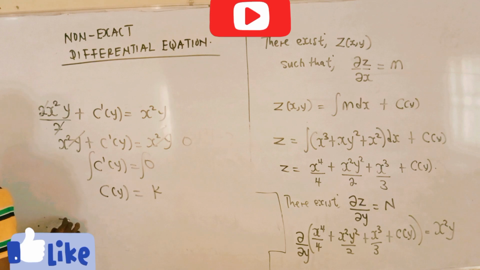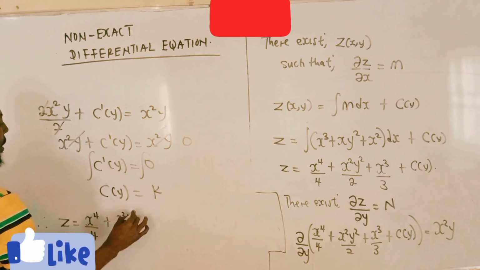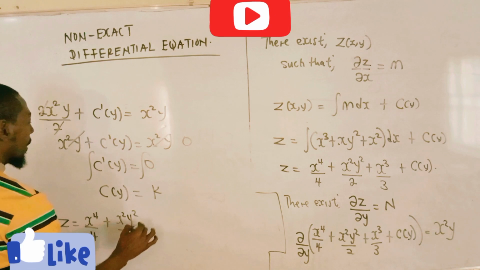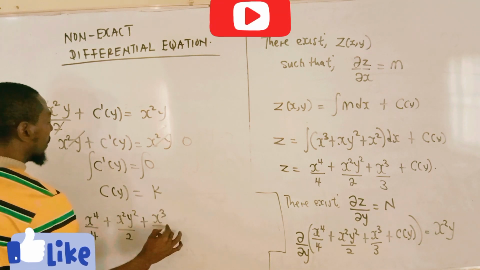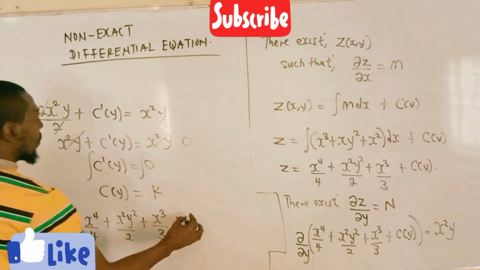Therefore, z is equal to x raised to the power 4 over 4 plus x squared y squared over 2 plus x raised to the power 3 over 3 plus c of y, and c of y is equal to k.